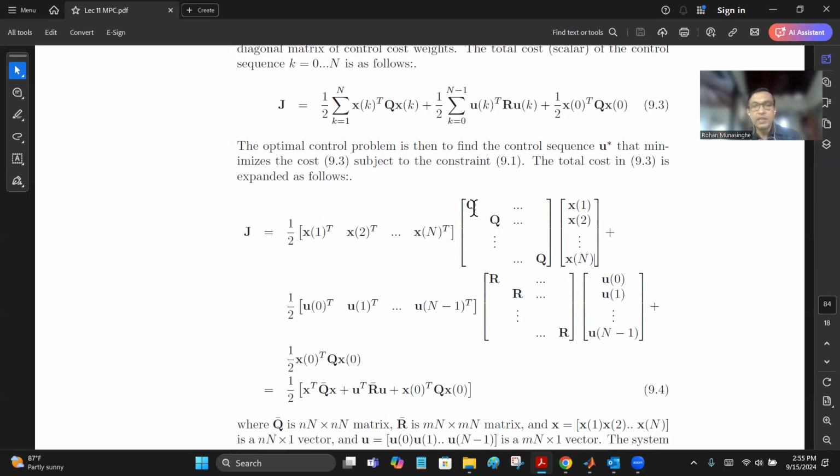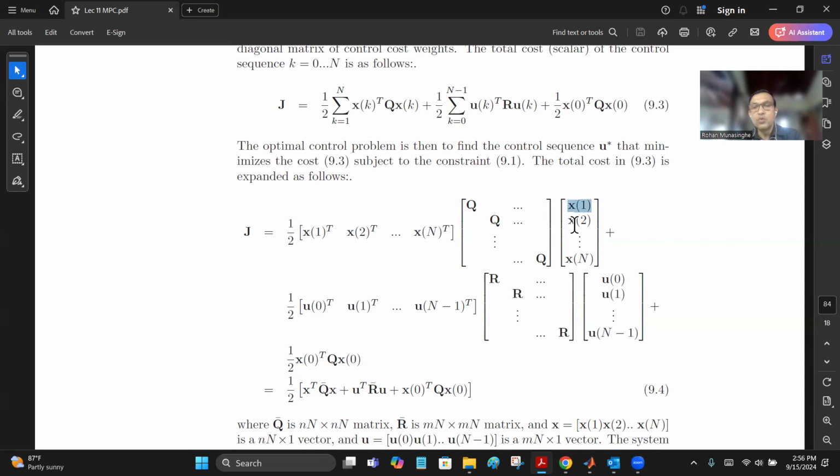And if you look at the new matrix over here, it is a multiplication of the same Q matrix along the diagonal, right? So you have n number of these elements along the diagonal. It is a big matrix, but you can handle this as symbols in your derivation.